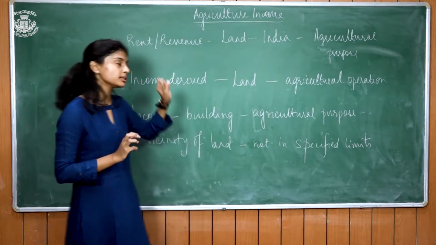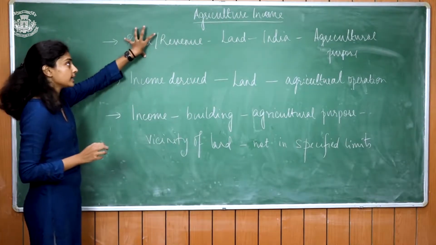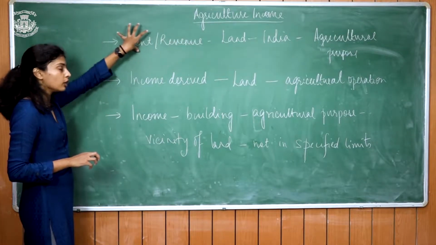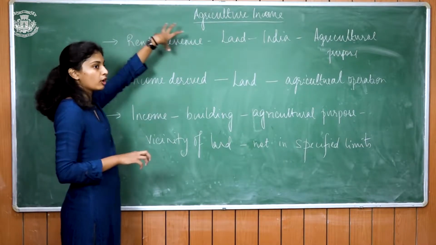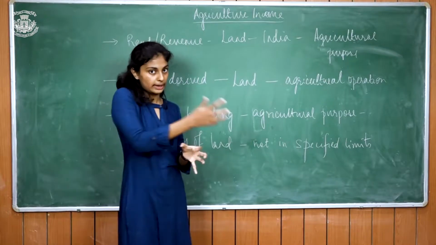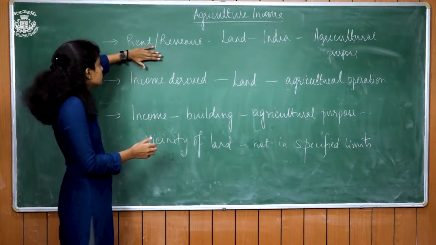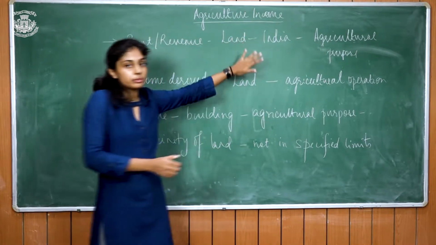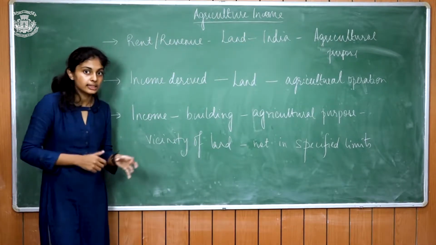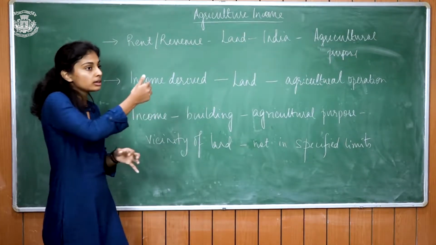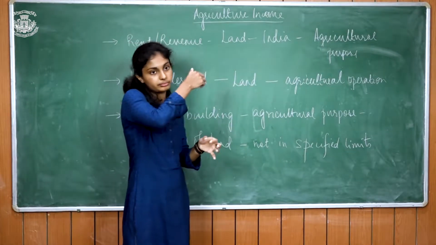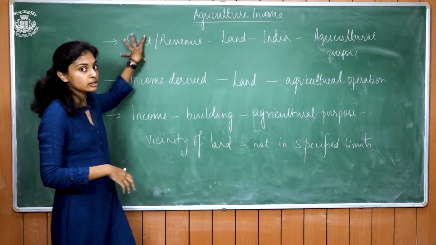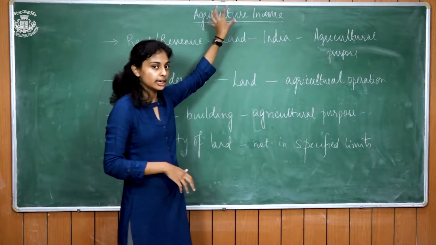If you see the first part of the definition, it says rent or revenue, which means that it not only includes the income that you get from your agricultural produce, but it also includes the rent which is derived from the land. Which means if any person has rented the land for an agricultural purpose, then such rent is also treated as agricultural income.